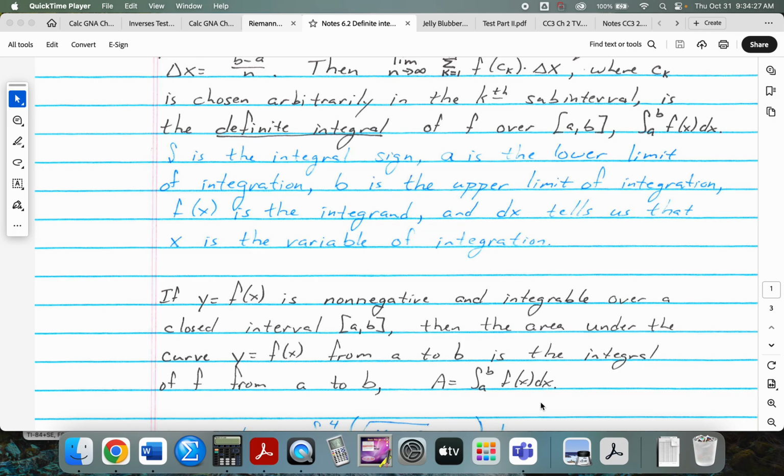Here, this is integrable over a closed interval from a to b, then the area under the curve of y equals f of x from a to b is the integral of f from a to b. So when we were doing these, remember we looked yesterday at our Riemann sum, and it was all areas of those rectangles. And the areas of those rectangles approximated the area underneath the curve.